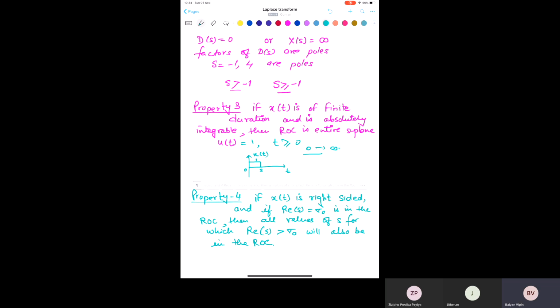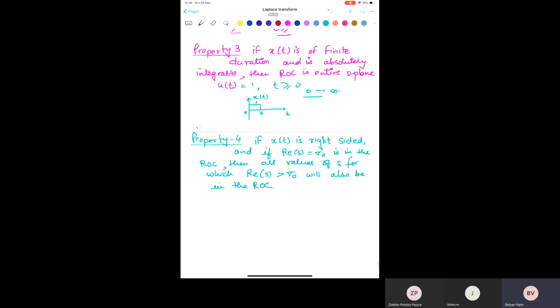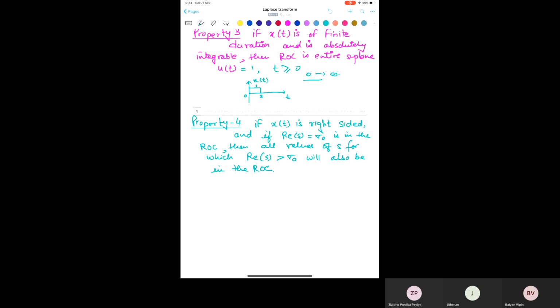What it says is that if x(t) is right-sided and if real s equals sigma naught is in the ROC, then all values of s for which real s is greater than sigma naught will also be in the ROC. It means that suppose your ROC contains s equals 3. So all the values of s which are greater than 3 will be in the ROC.